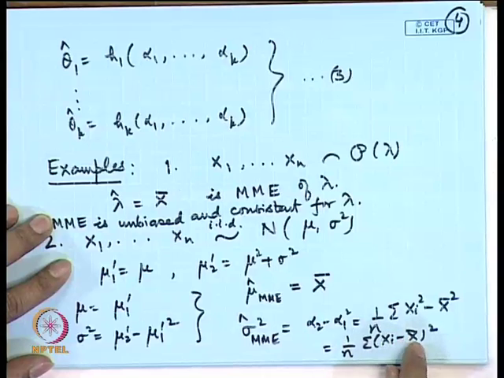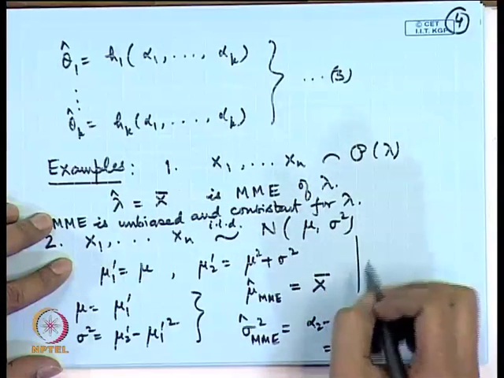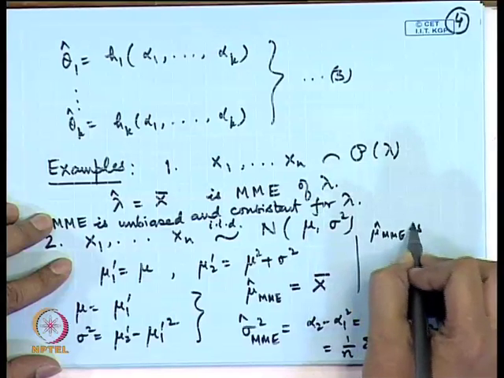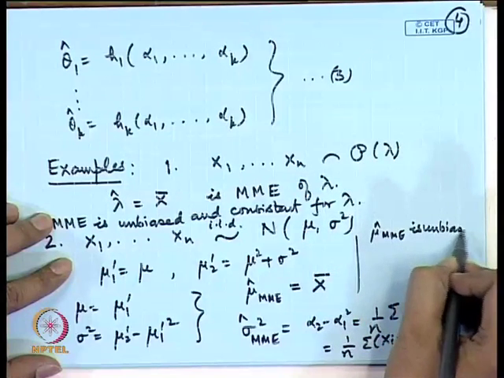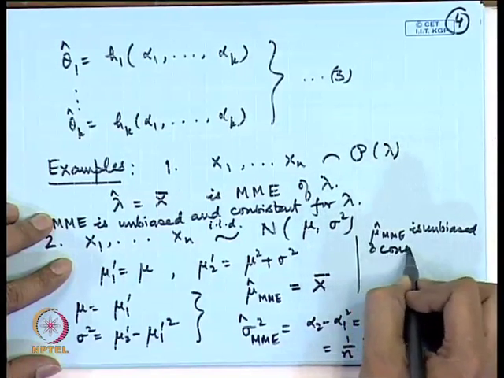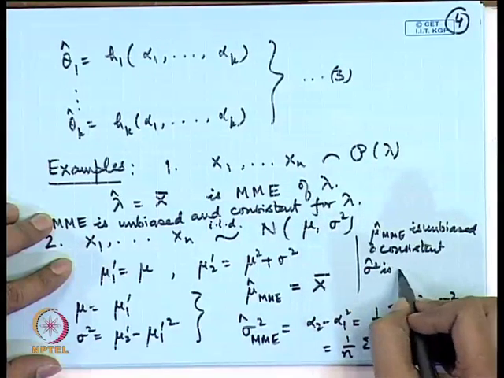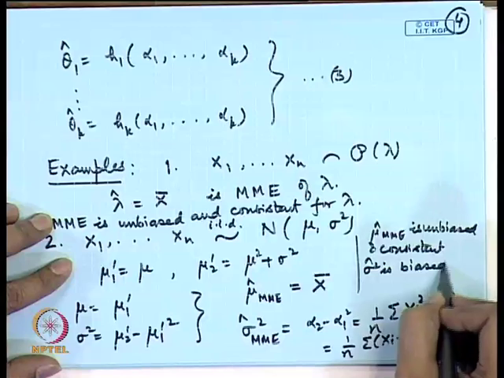Since s square was consistent and n minus 1 by n converges to 1, this also converges. Therefore, mu hat MME is unbiased and consistent. However, sigma hat square is biased but consistent.